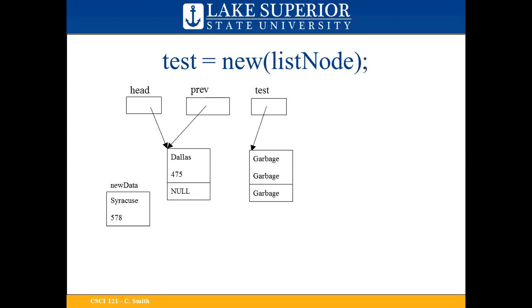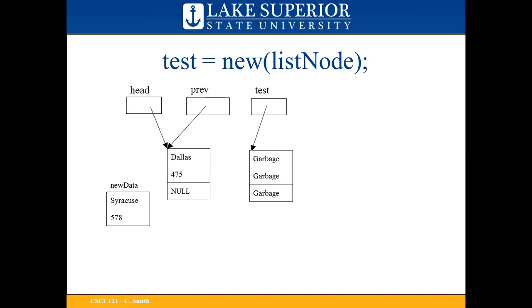So we're going to allocate a new list node into test. Again, that memory allocation has garbage in it. We don't know what is in that memory, but it's garbage, okay? So we get this new memory. It's hanging off of test right now.